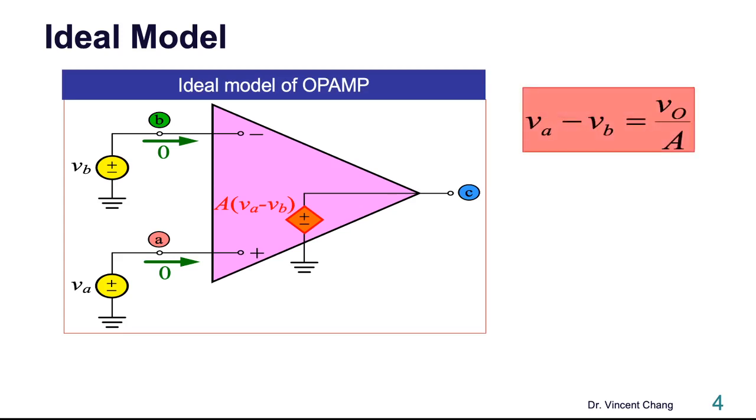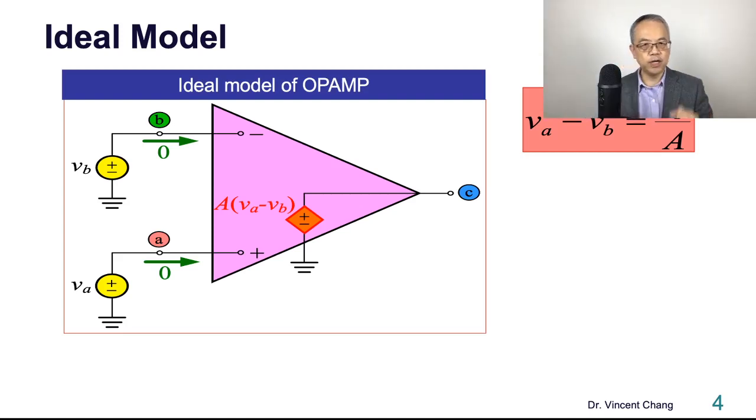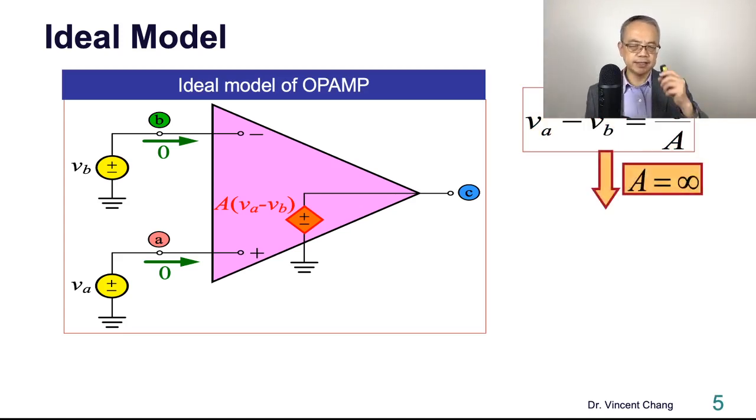A is infinite. So therefore, VO equals what? According to this model, A times the difference between VA and VB. So therefore, VA minus VB equals VO divided by the open loop gain A. But in the ideal case, as I just mentioned, the open loop gain A is infinite.